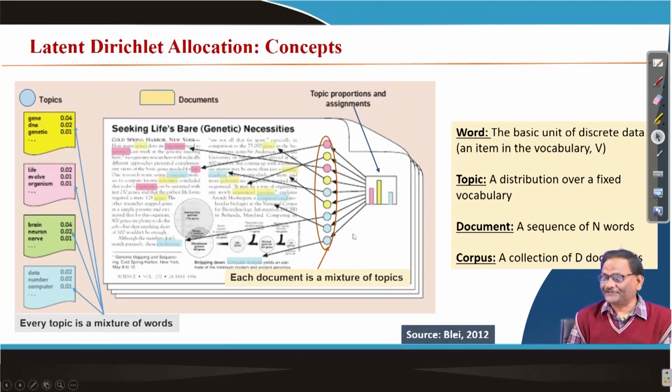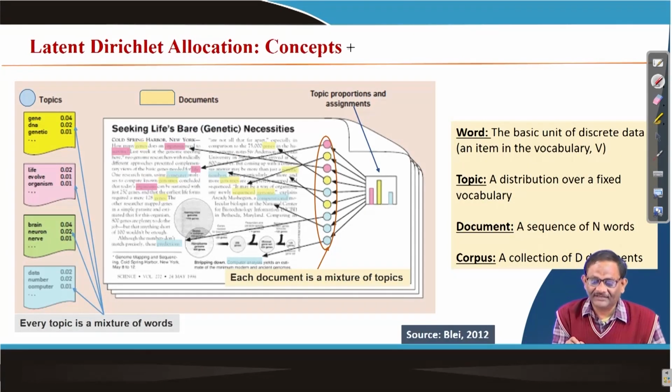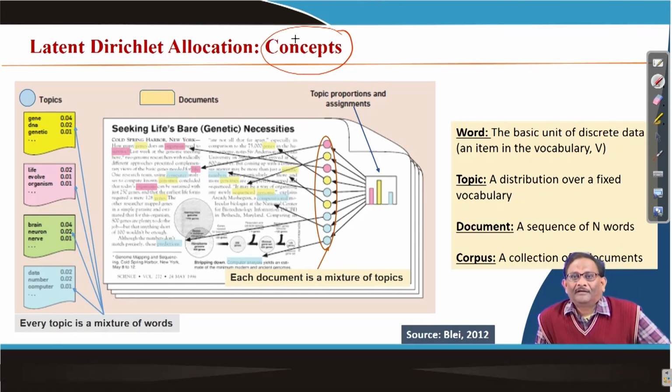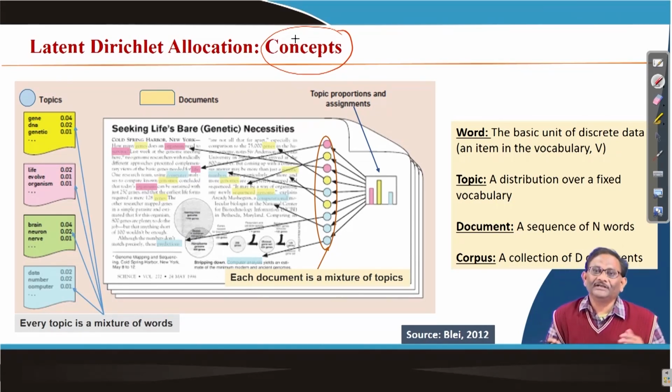Now understand the concepts. First is the topic modeling concept, and under it I am interested to talk only on latent Dirichlet allocation, but in the context of topic modeling. So here the concept is primarily from the topic modeling point of view. It is not a surprising fact to any of us that we read some kind of documents every day.